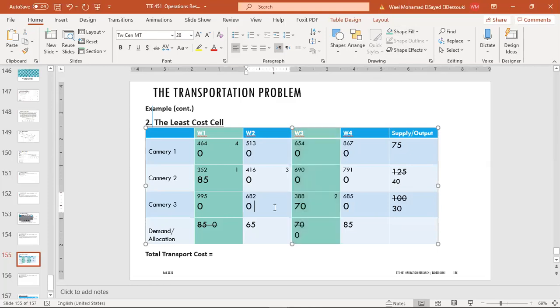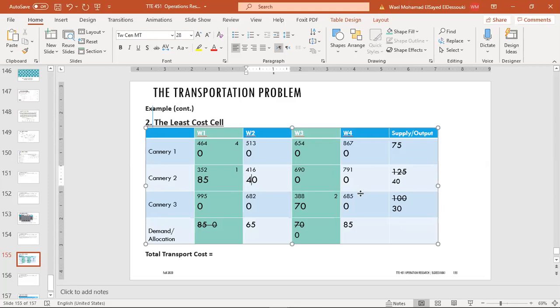Okay. Now, where is the cell with the least cost? I think this one. Correct? Yes. Let's assign the maximum amount that we have. How much? 65. The demand is 65, but what's available here is only 40. That's what's left here, just 40.